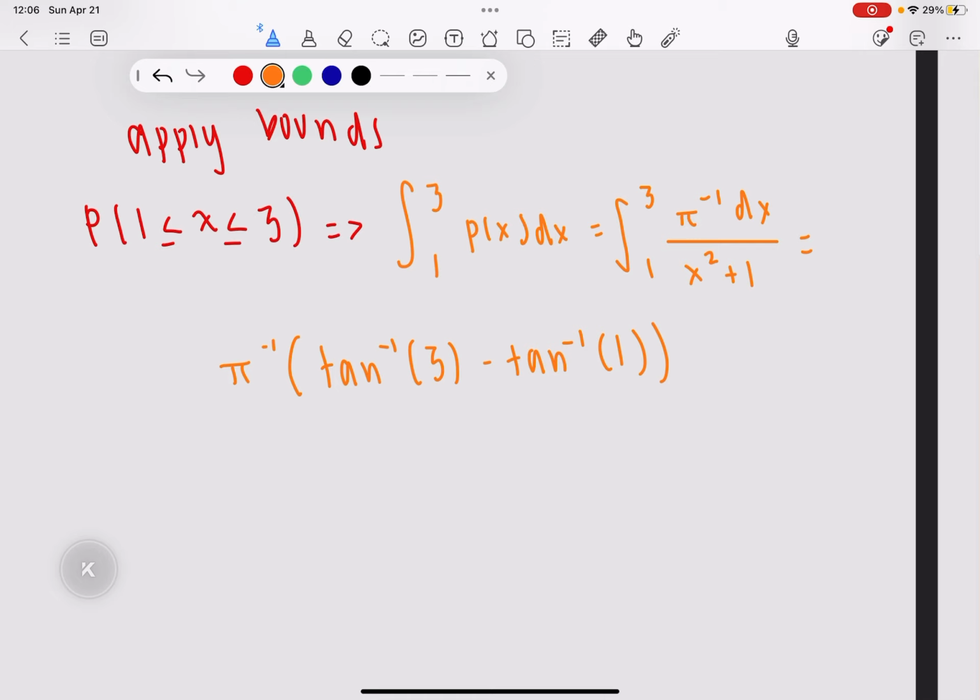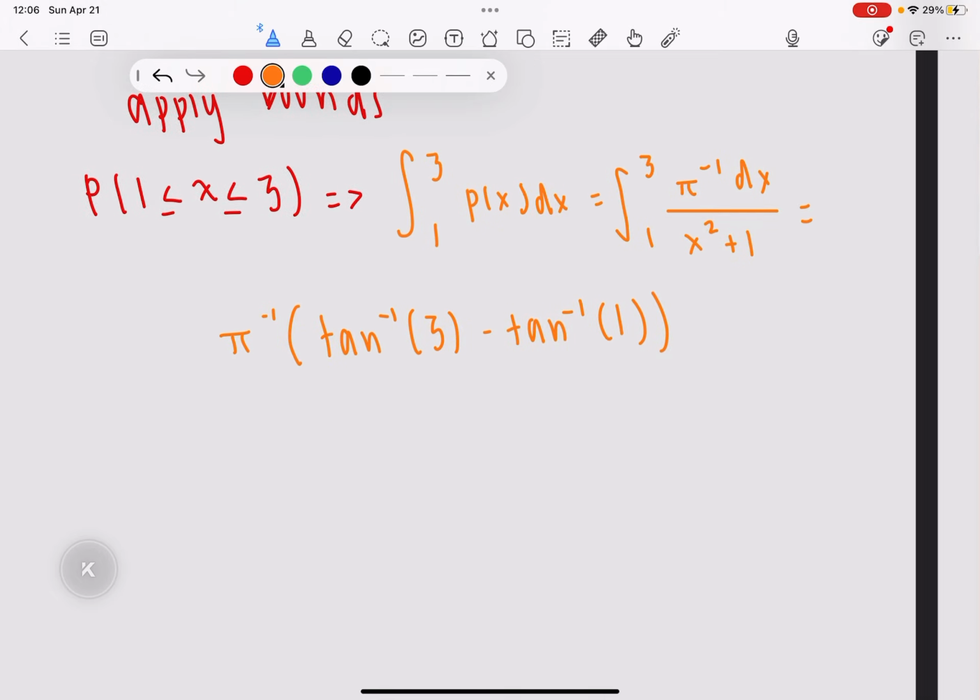And this value, I have to plug this into a calculator, but it should be 0 point something. So I don't have a calculator on me right now, and it's not solved on my answer key note sheet. So we are going to say that this is going to be, we'll just say 14, okay?